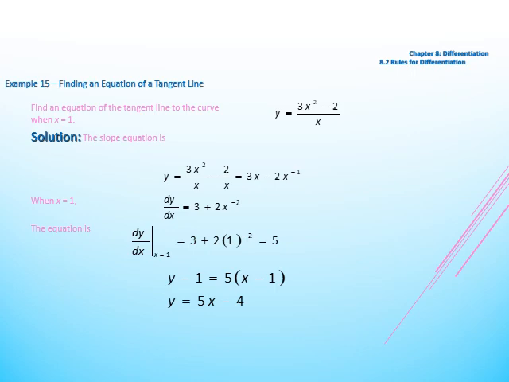Now we will move to a very important topic in the derivative, which joins the tangent line with the function in the standard form y equal to mx plus b by getting the derivative: finding an equation of a tangent line.